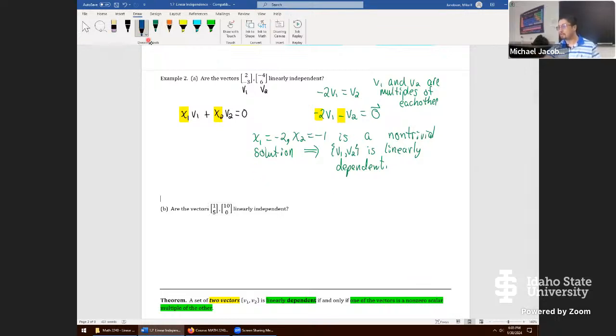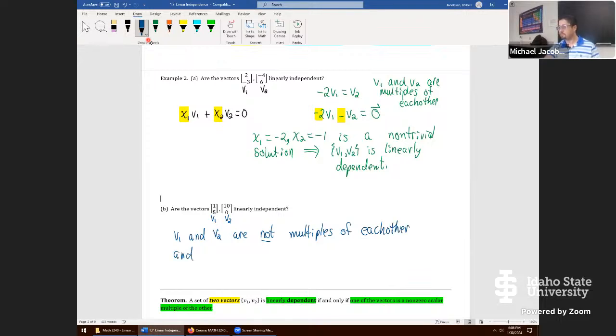Let's write this out. If that's your V1 and V2, V1 and V2 are not multiples of each other.